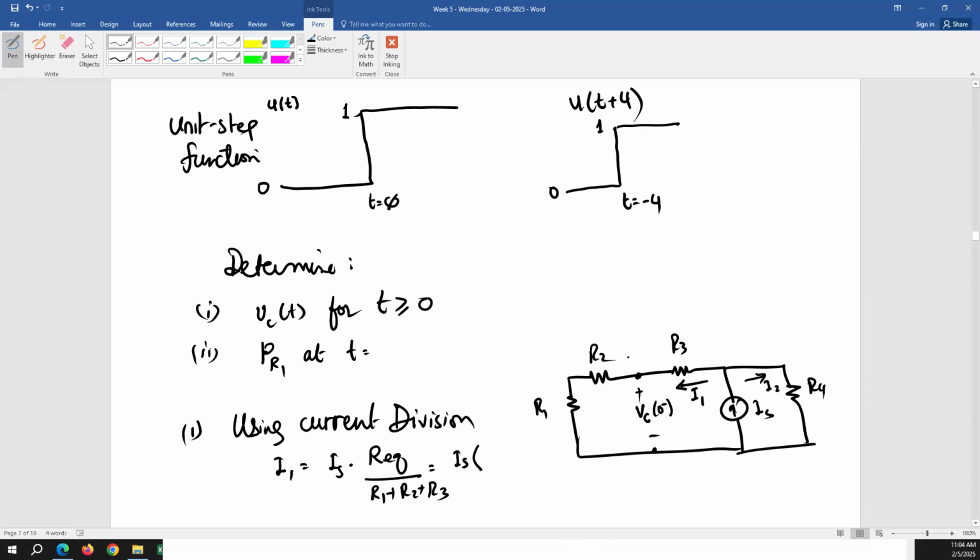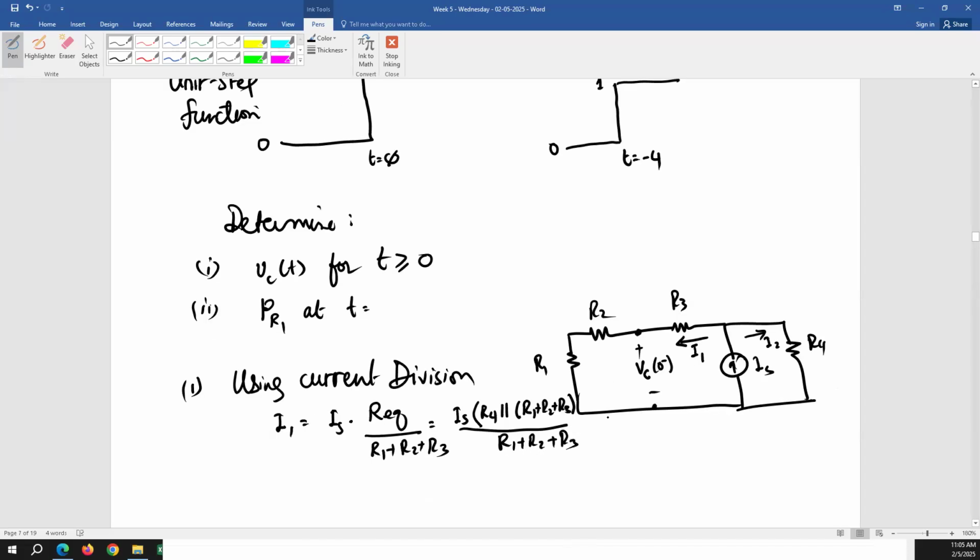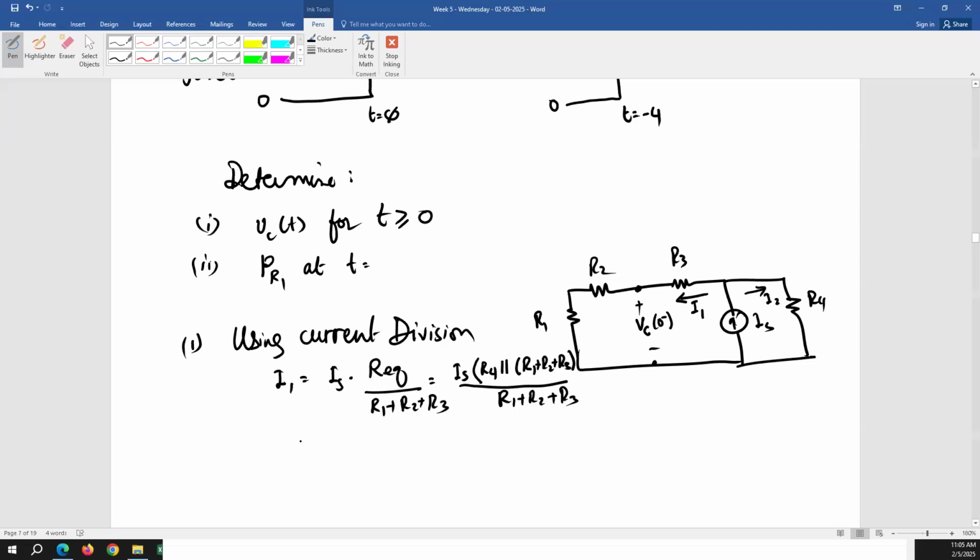So these are in series, in parallel with R4. So R4 parallel (R1 plus R2 plus R3), divided by R1 plus R2. And from this, we can find I1. Let's go ahead and find that.